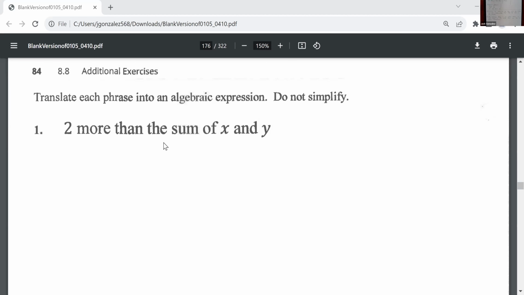So it doesn't really matter, does it? You put 2 more than the sum. Technically, I would write x plus y plus 2. But it doesn't really matter. It's all plus. You could rearrange it. Still be true.